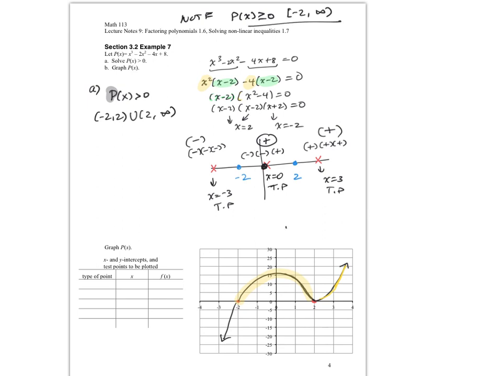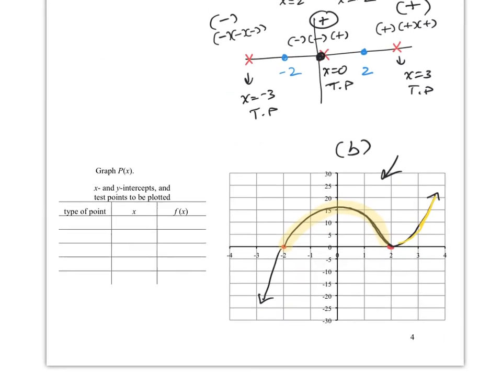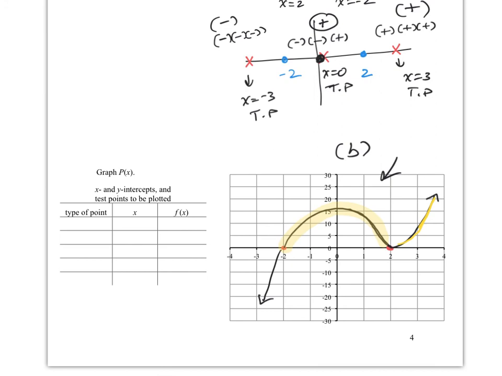And then part B is asking to do a graph, which is supposed to look like this. Now you should finish the table. Again, you can either do the table or do this. You don't have to do both. But here the x-intercepts, remember we only have 2, it was -2 and 2.